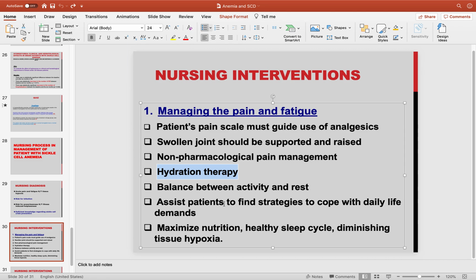Assist the patient to find strategies to cope with the demands of daily life. Sometimes, as I explained, the patient may feel helplessness or hopelessness, and because it is a hereditary disease, the patient has to cope with his life demands. Also maximize nutrition and a healthy sleep cycle, reducing the tissue hypoxia. So these things are very important to know.